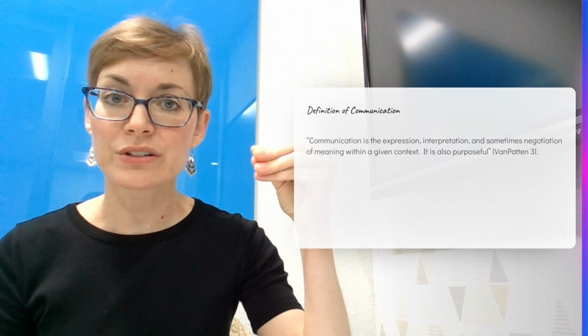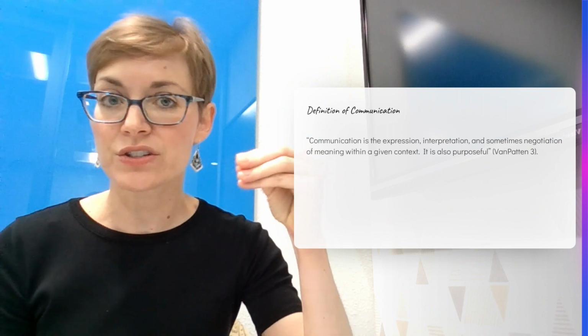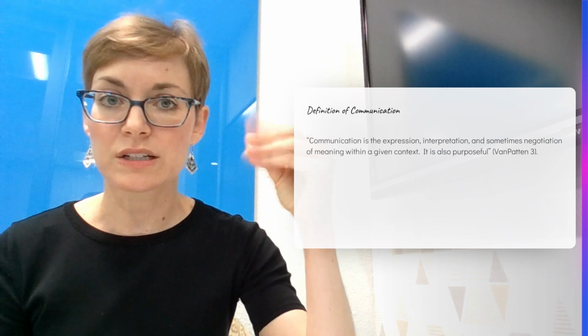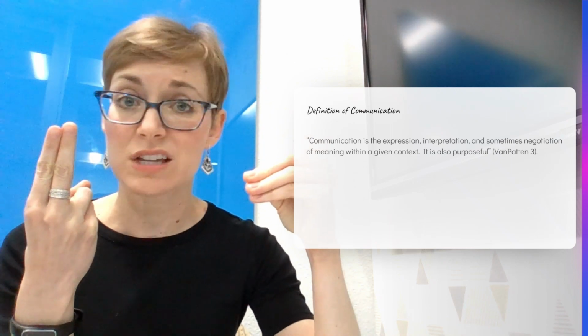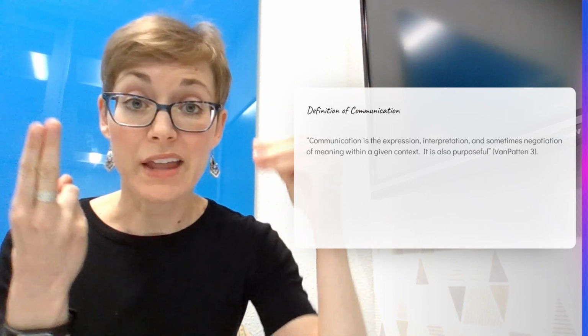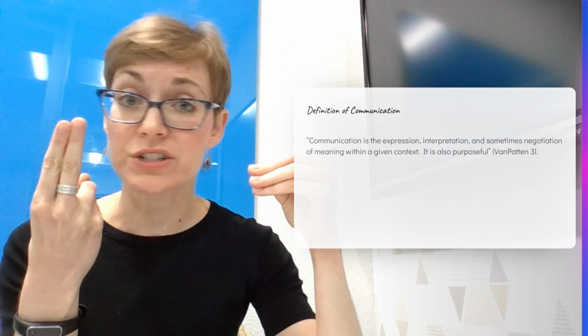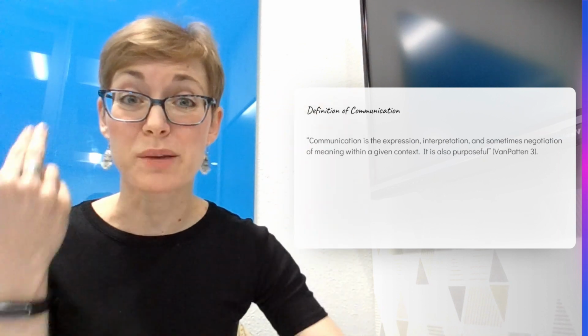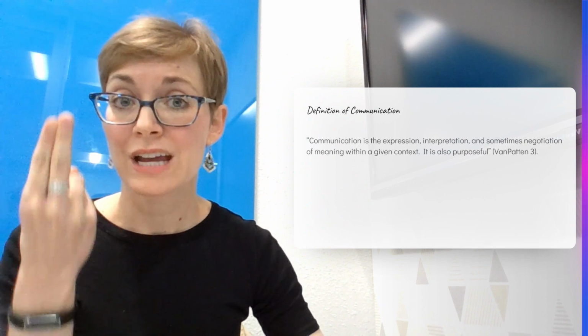So if I have a student sitting here and the instructions are, say what you did last weekend, and this student says what they did last weekend, and this student is just sitting there like a knot on the log, not understanding anything, we don't have communication. There's expression, but not interpretation.